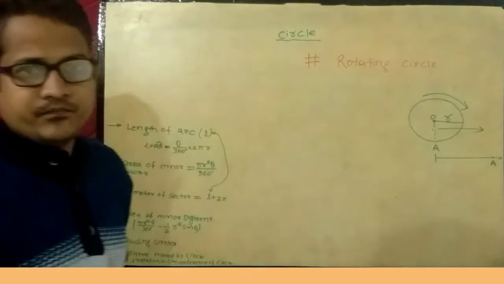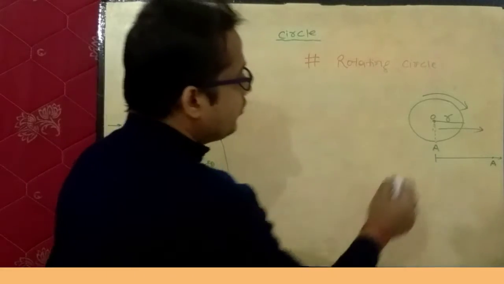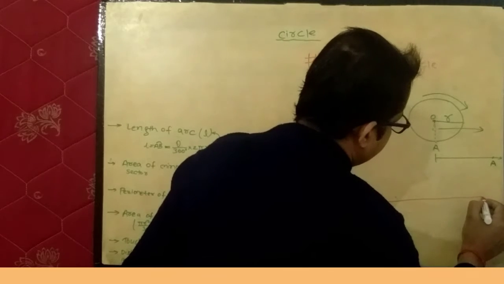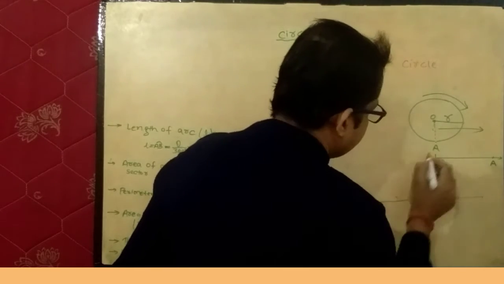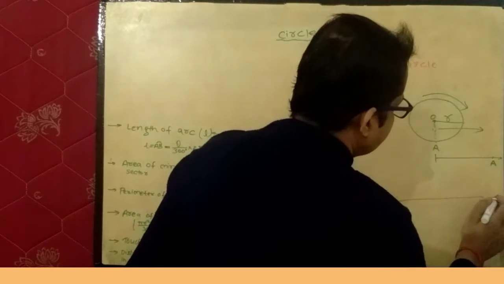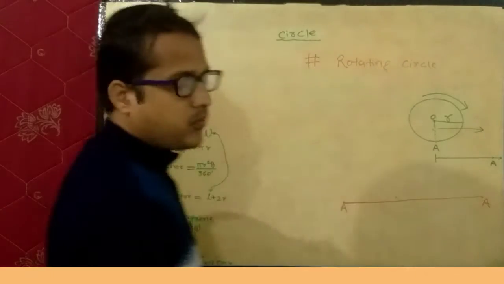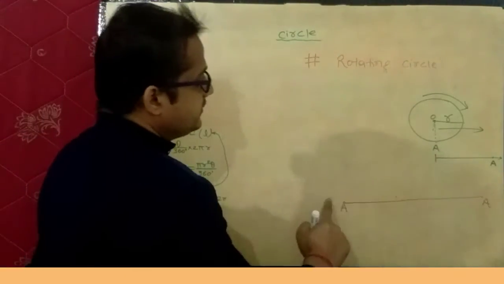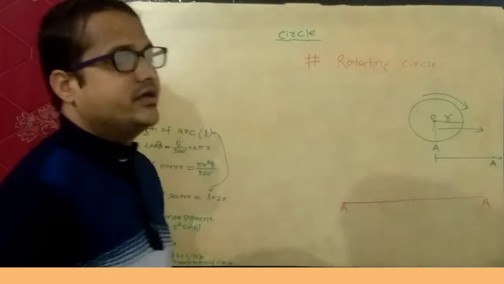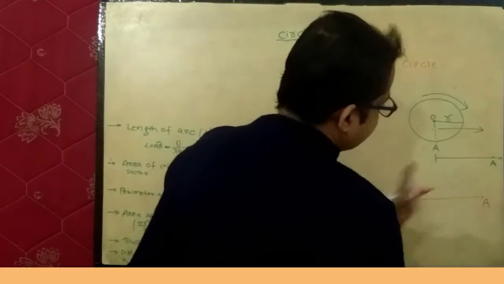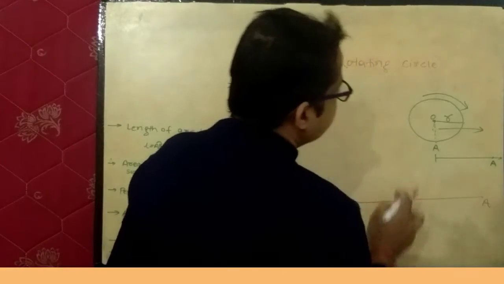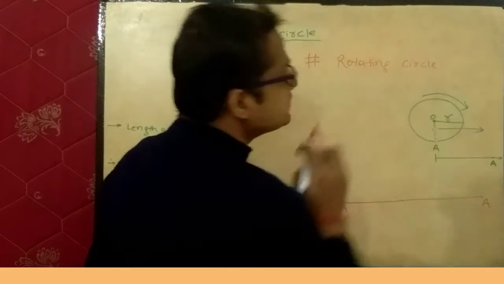Now if you open this circle and make it a straight line, this is the initial position of point A, and after completing one revolution, this is the final position of point A. So this much distance is covered by this circle in one rotation, and this distance is nothing but the circumference of this circle.